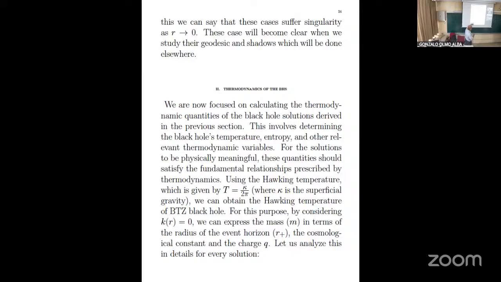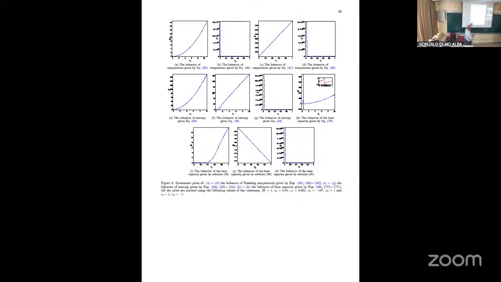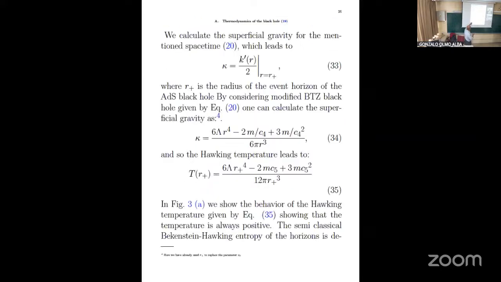So if we calculate the temperature for the first solution, which is the non-charged solution, I calculated all the thermodynamic quantities for three cases: F not equal to 0, K1 equal to 1, Xi equal to 0; F not equal to 0 and Xi not equal to 0, and K1 equal to 1; and the third one is the general case. So this is the temperature of the first solution.